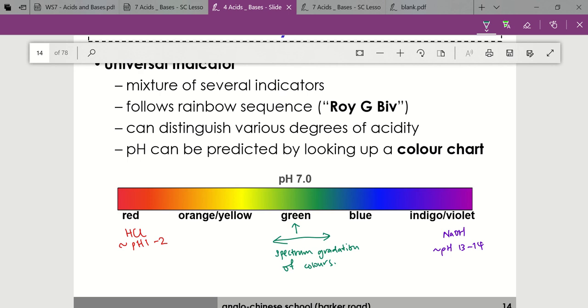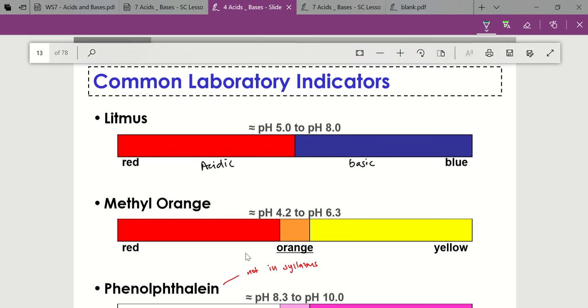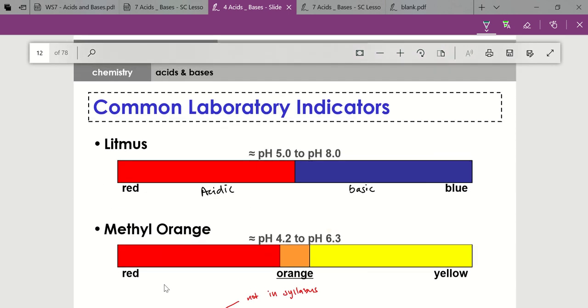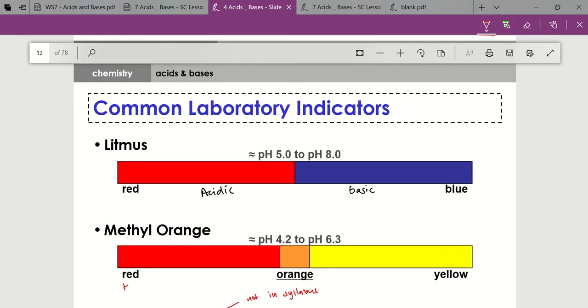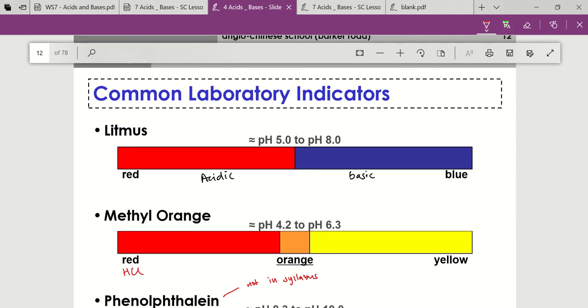Whereas if I'm using an indicator, say methyl orange, when I'm using hydrochloric acid, I would see it as red. So imagine I have sodium hydroxide inside a conical flask, and as I'm adding hydrochloric acid to it, it will slowly move from the yellow color all the way to orange color.